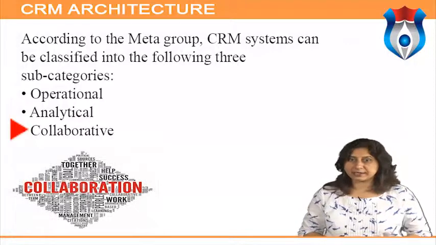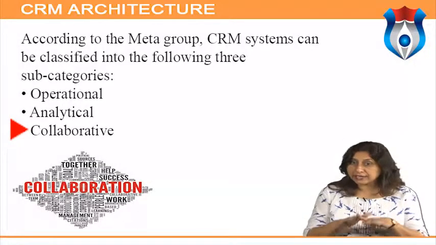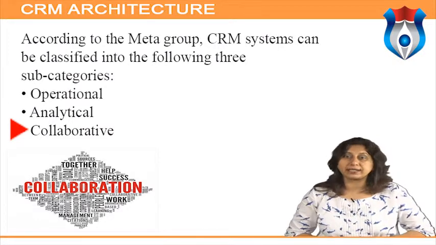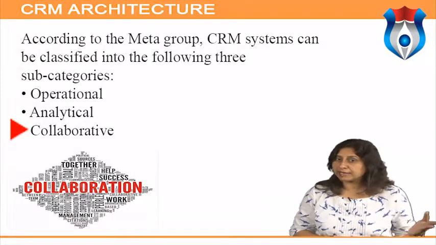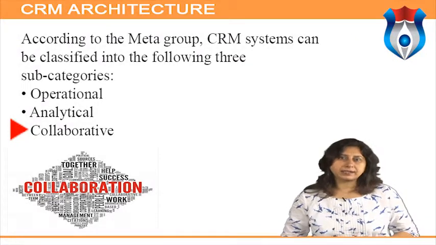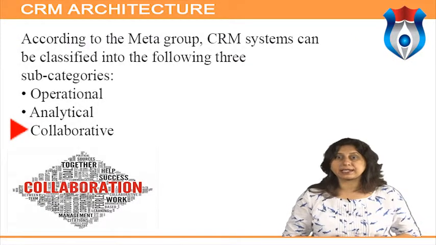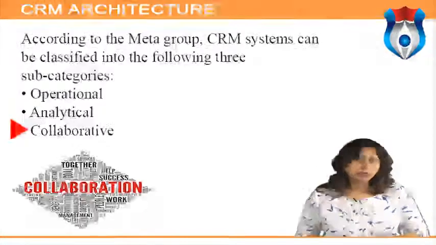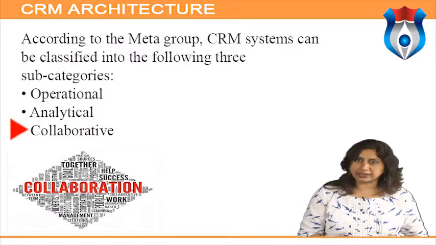Collaborative CRM systems manage and synchronize customer interaction points and communication channels, for example telephone, email, and web. The CRM systems essentially process well-structured information, for example customer contact data and master data.